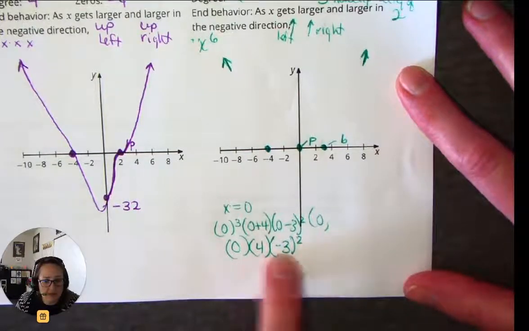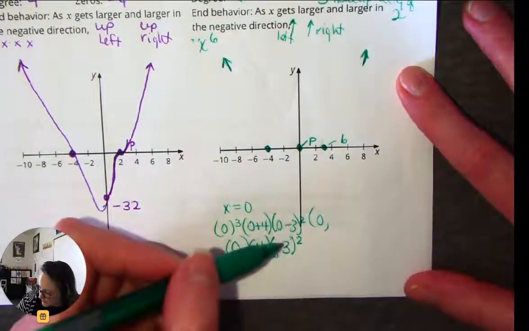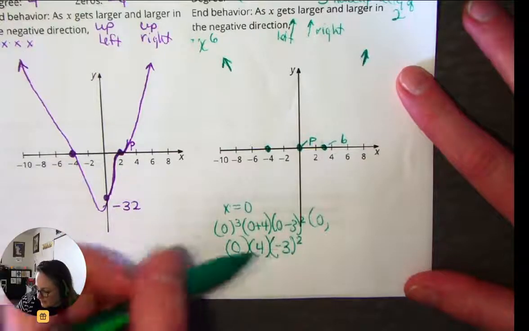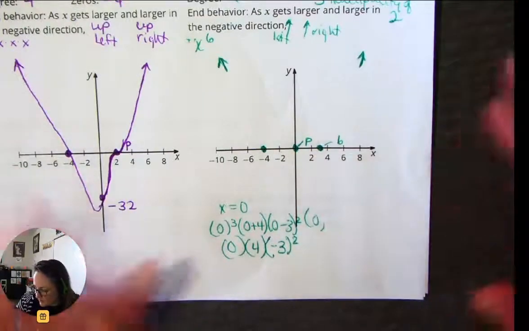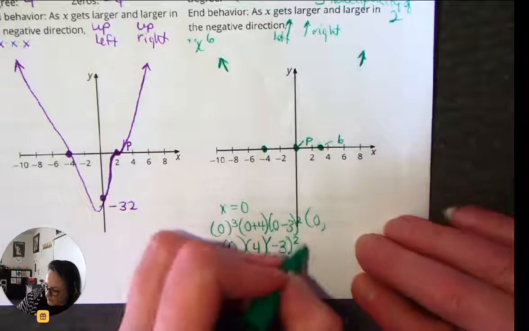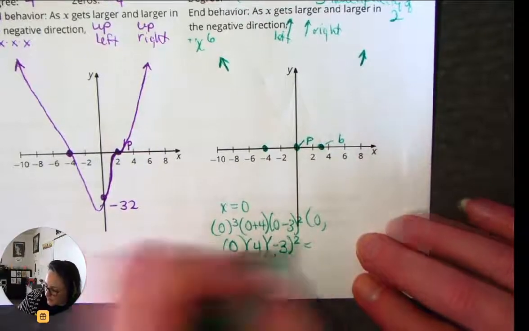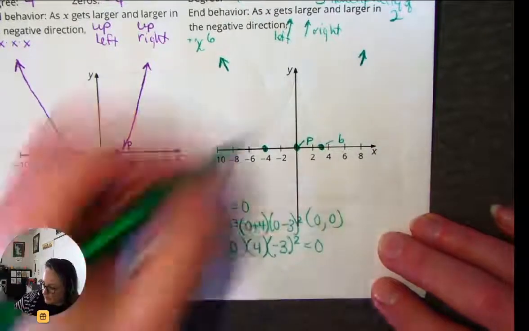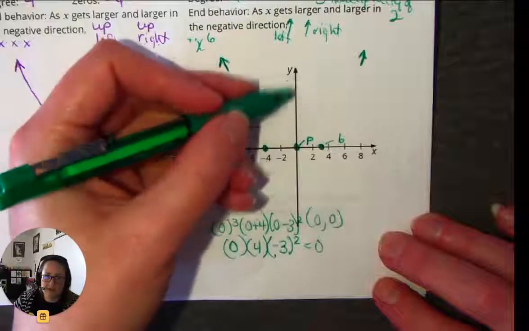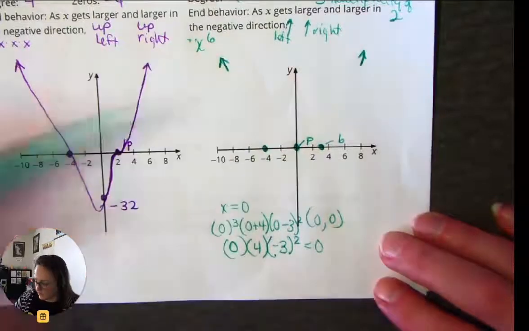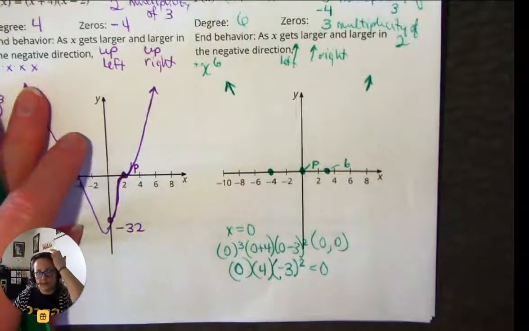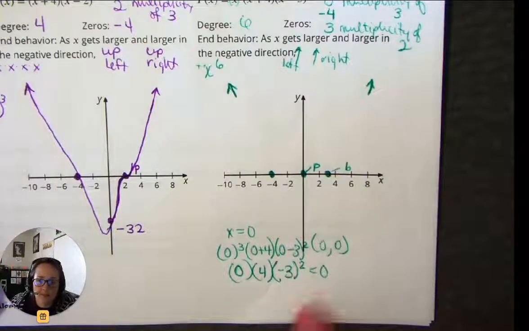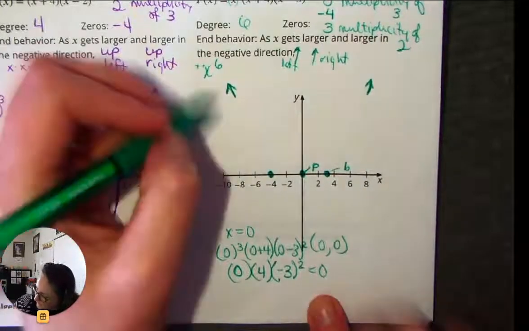Doesn't matter what these numbers are actually at this point, right? Because negative 3 times negative 3 would be 9, times 4 is 36. None of that matters though, because it's multiplying by a 0, so my output will be right here at the origin. I actually could have seen that, the fact that I already had it right there at the origin for the 0. But it's nice to be able to calculate that.